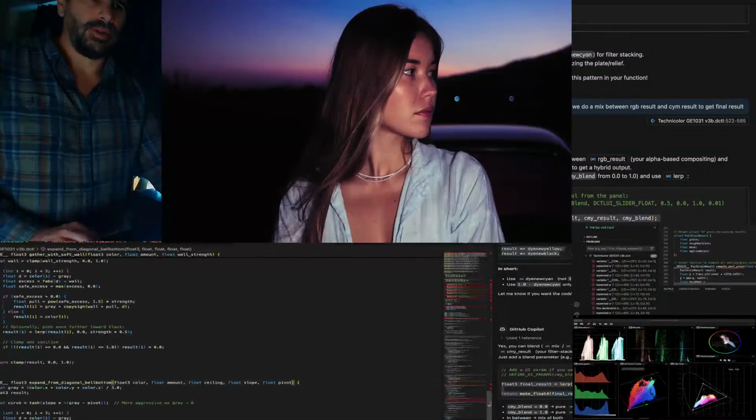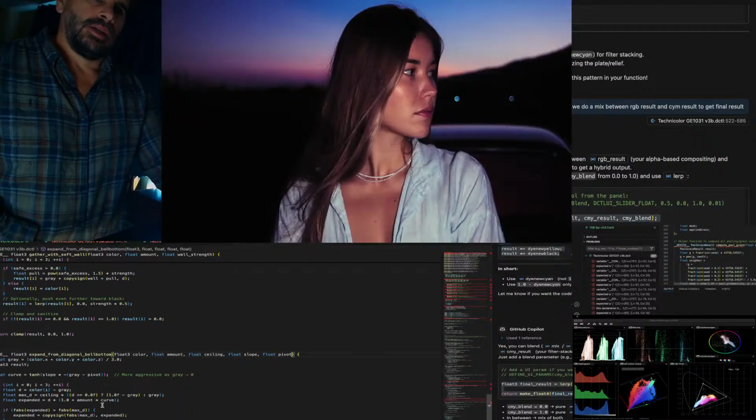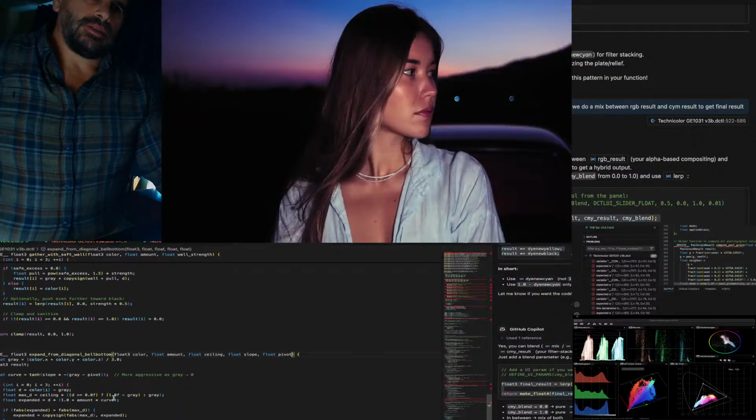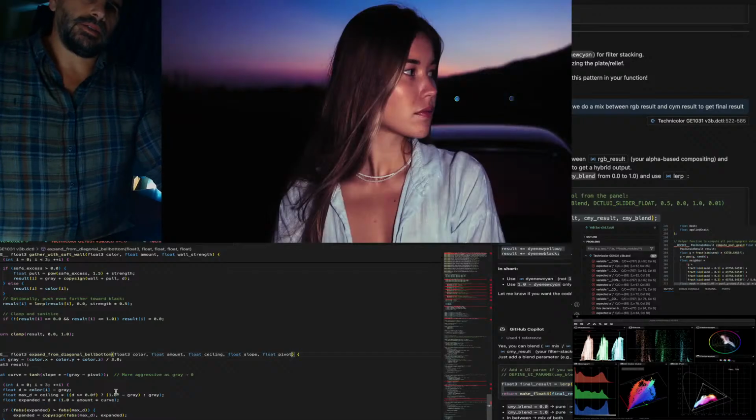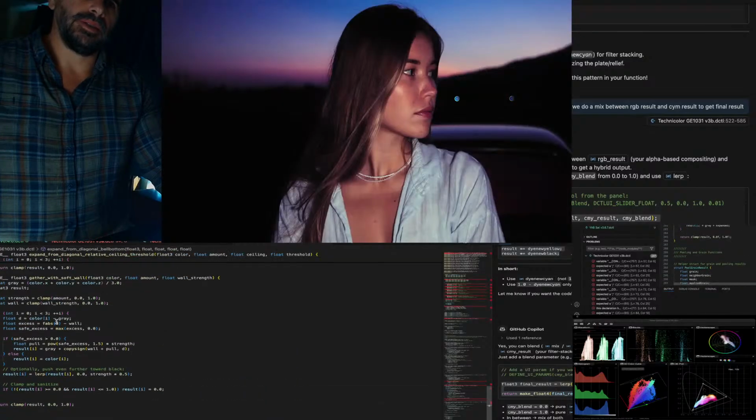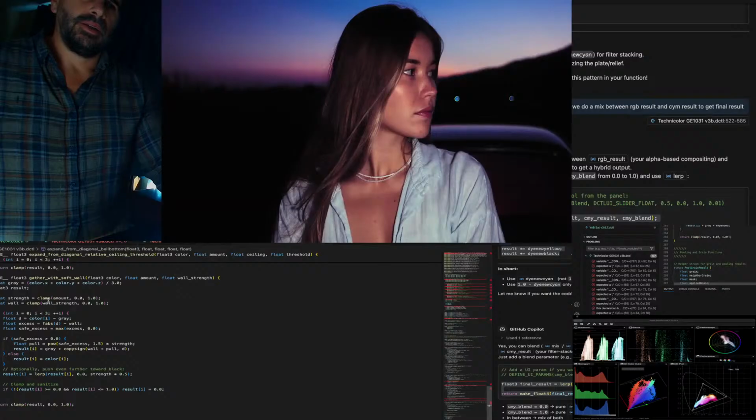All right, so we are expanding. Let's call it that. More aggressive spray. Let's just double check that. The value is color equals gray. Gray is color 3, but that is wrong because I need gray, and the color.